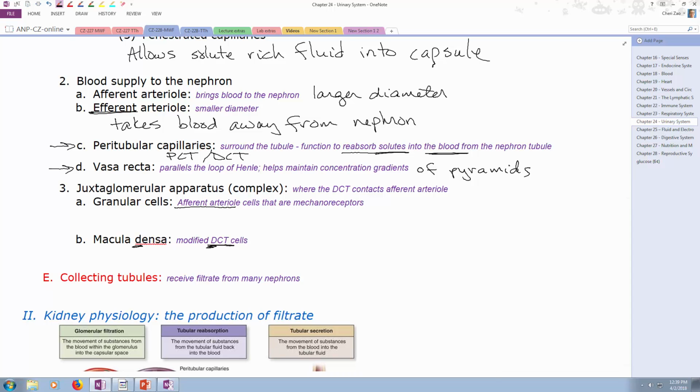What's important is the afferent arteriole is feeding into our glomerulus. It can get stretched. When stretched, this will activate the mechanoreceptors, and cause contraction.